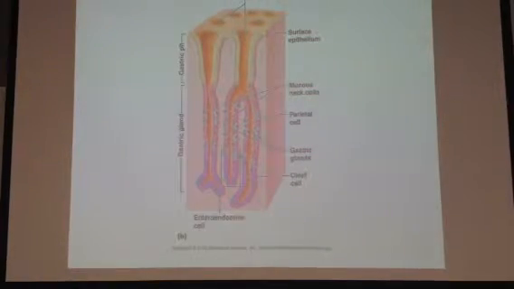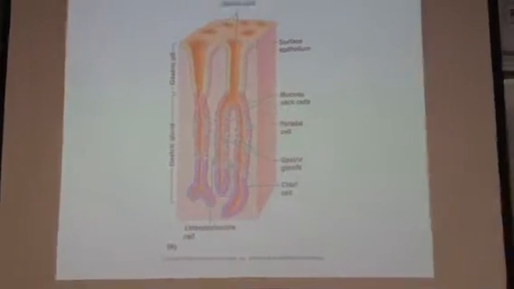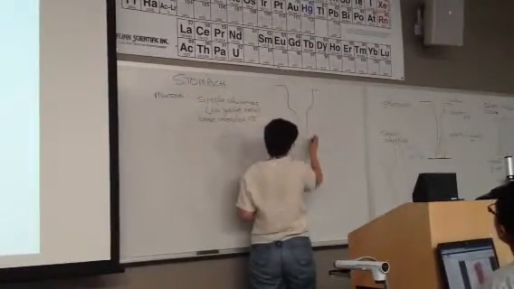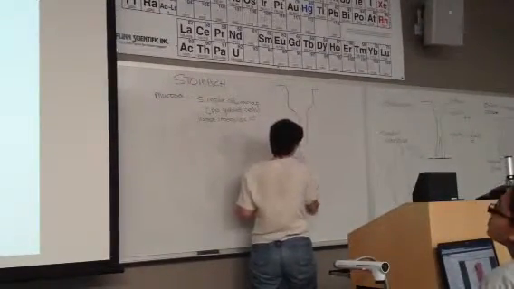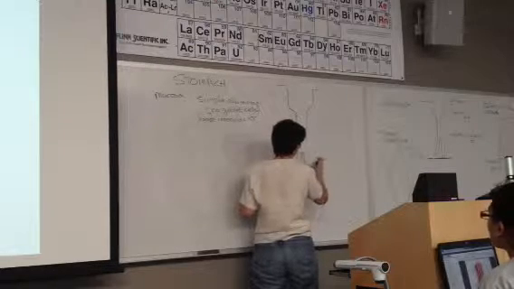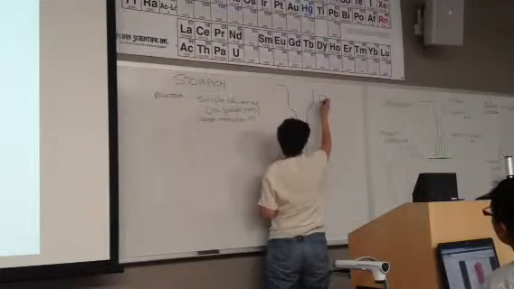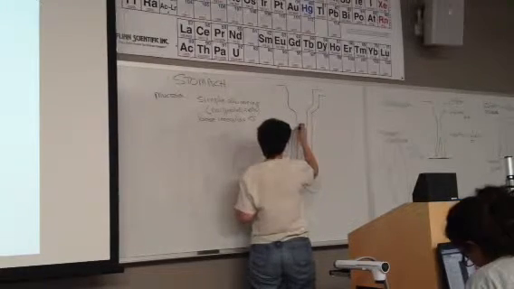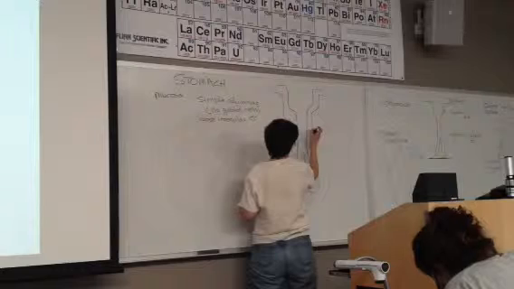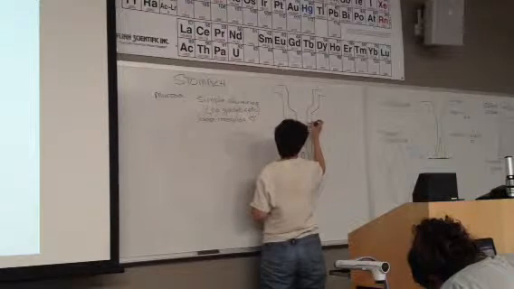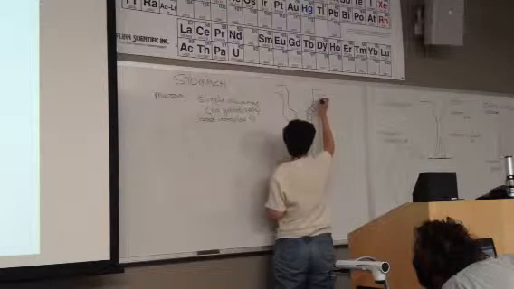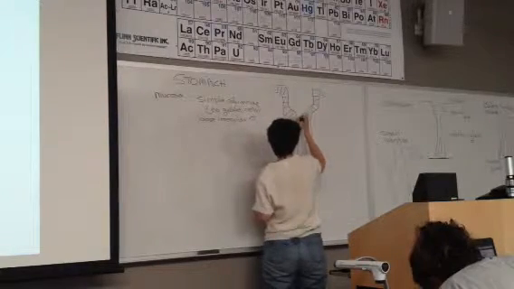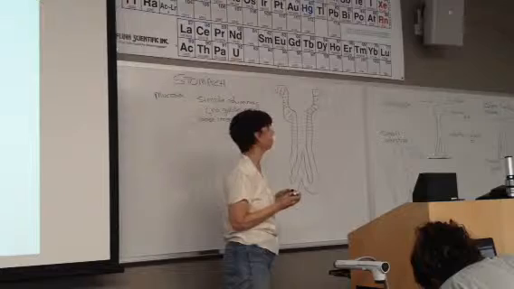So let me diagram our gastric pit. And again, this is lined with simple columnar epithelia. Instead of goblet cells, we have mucus-secreting cells forming the surface epithelium and lining the pit.